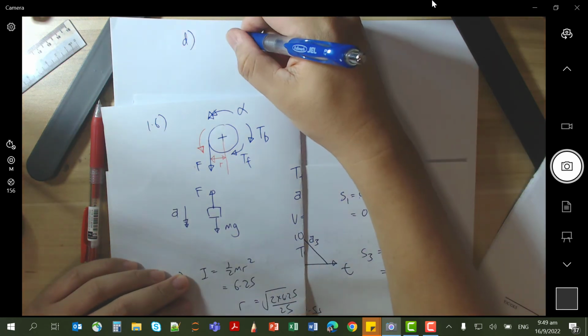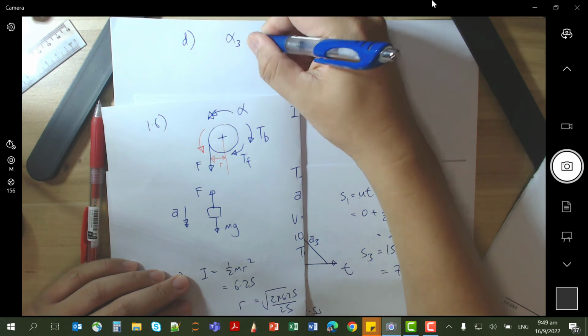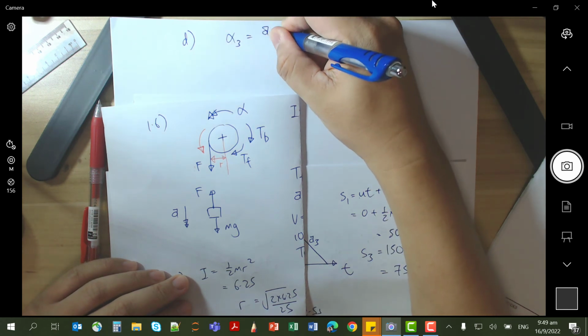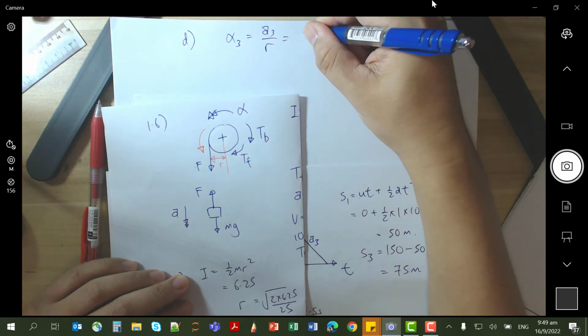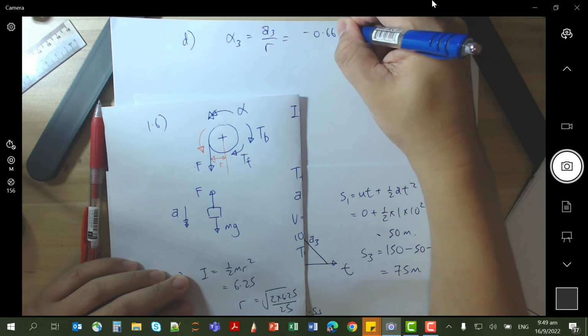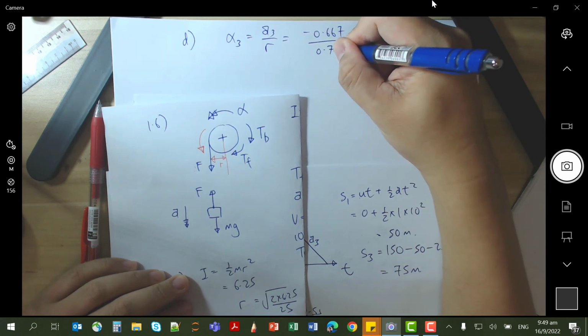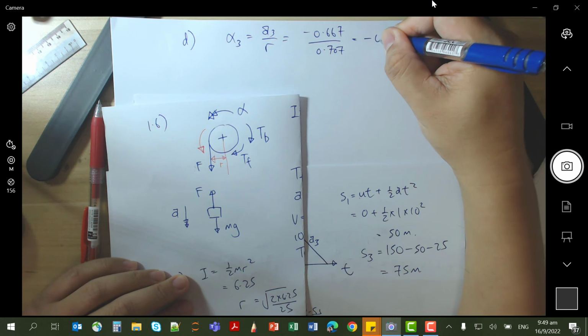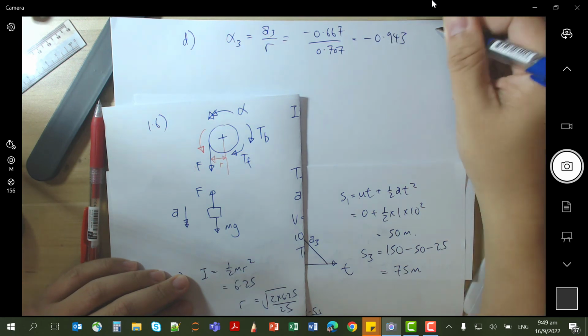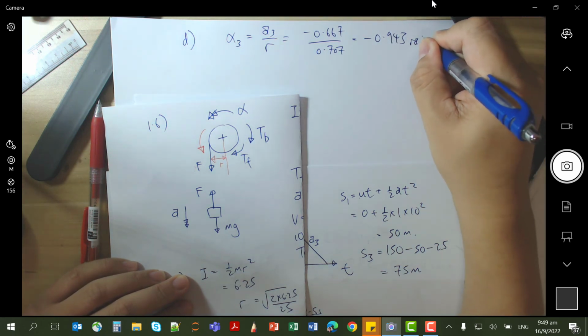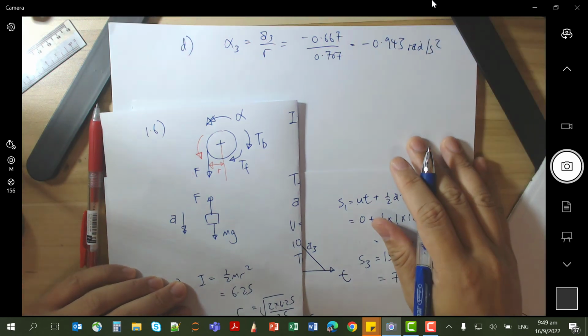At the last stage, your angular deceleration will be A3 over R, minus 0.943 radian per second squared.